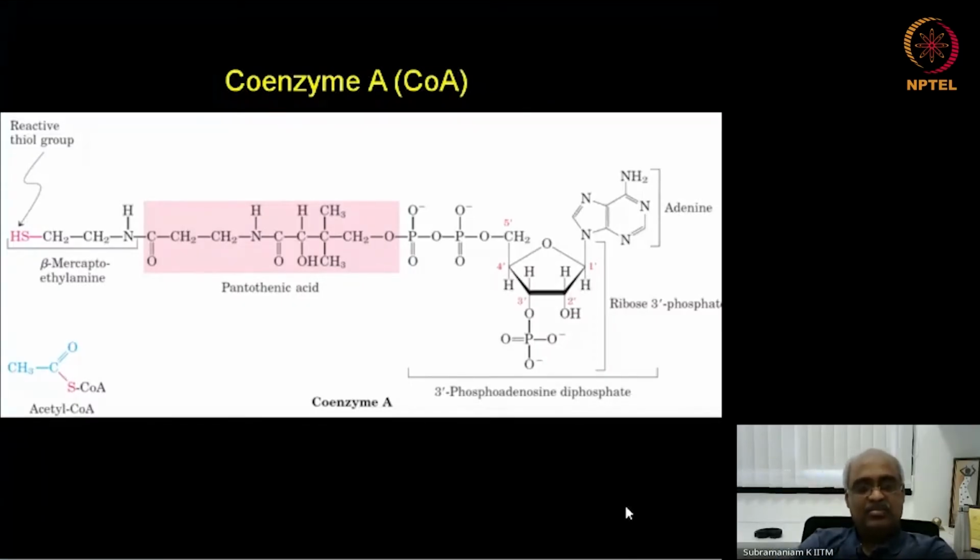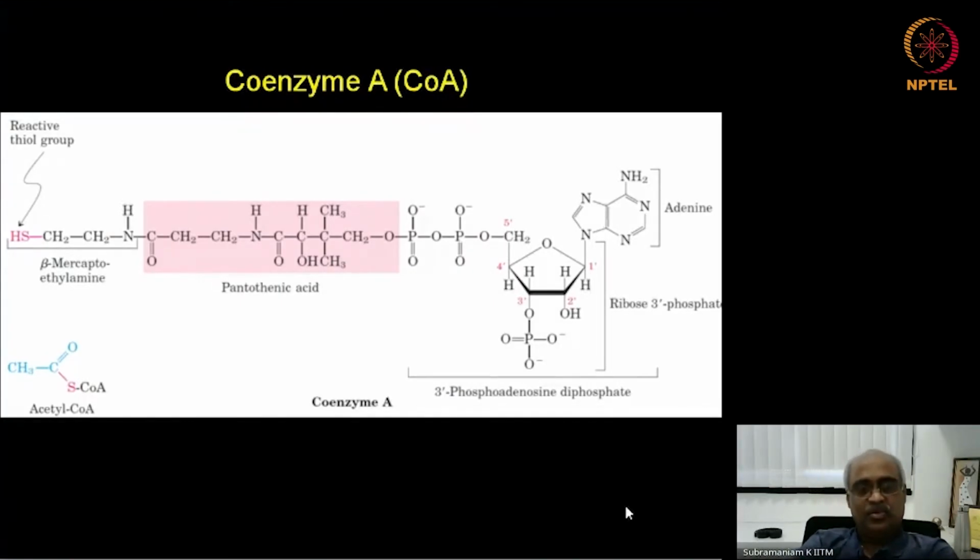So the 5 coenzymes, the first one we begin here. In the B complex vitamins, we have seen so far niacin as part of NAD, riboflavin as part of FMN and FAD. Then we saw thiamine as part of TPP, involved in pyruvate decarboxylase in yeast.